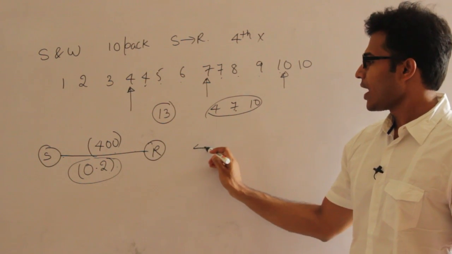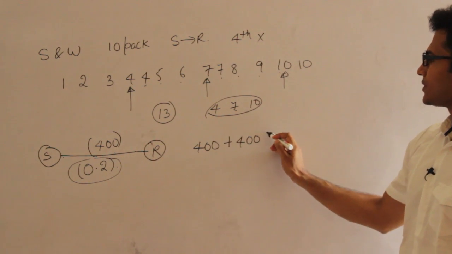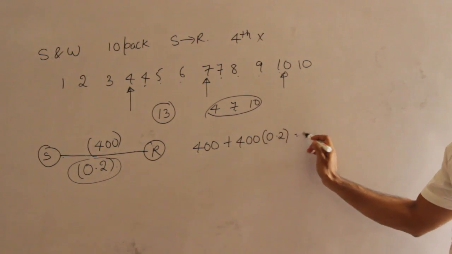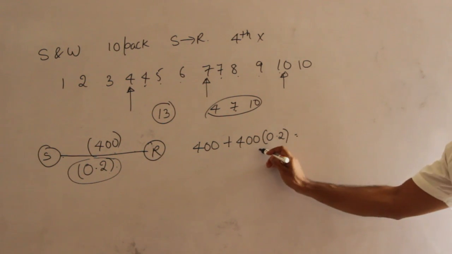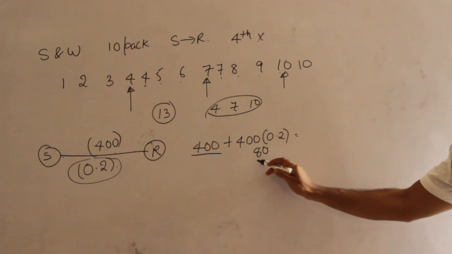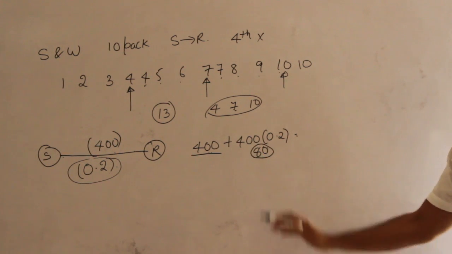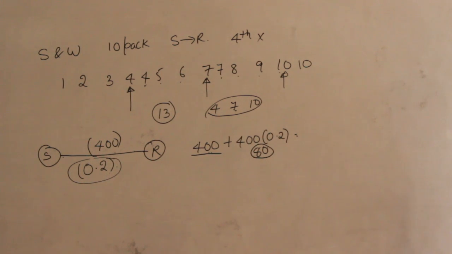I am sending 400, then out of 400, 20% will be lost, right? Which means it is going to be 80. So you might say that 400 are transmitted and 80 packets are retransmitted, because out of 400, 80 packets are lost. Therefore the total number of packets sent is 480.